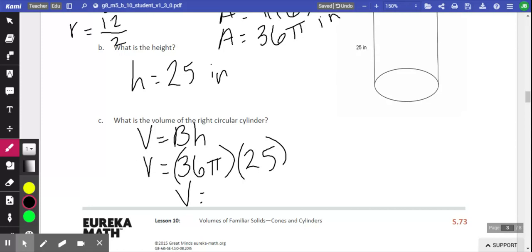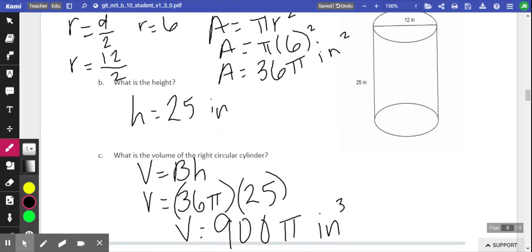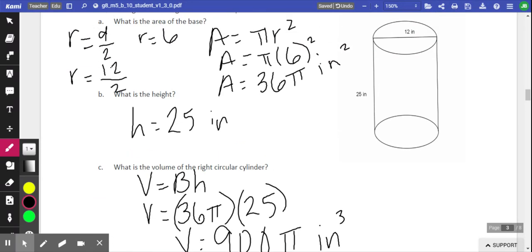Leave the pi separate. So you're going to do 36 times 25, and you'll get 900 pi, and that's inches cubed is your unit there. Once again, that is all you have to do for this problem. Very, very easy. Plug in your numbers and simplify.